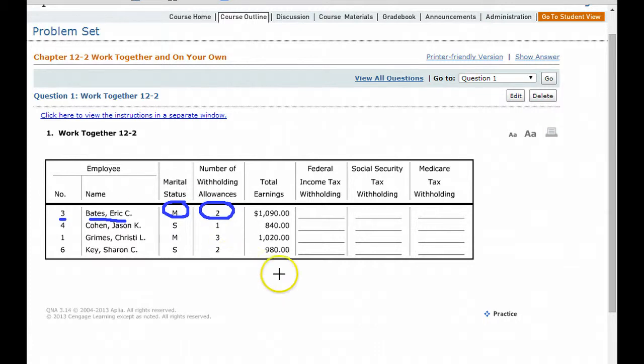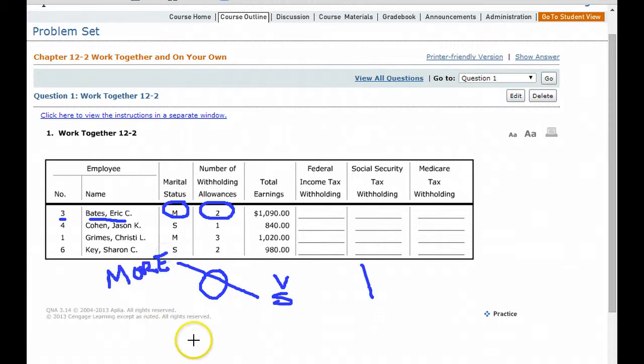Say, for instance, you had somebody who claimed 0 allowances versus somebody who can claim 1 allowance. Who's going to have more taxes taken out of their paycheck? Well, it's going to be the person with 0 allowances, because they need less money than a person with 1 allowance since they're not supporting anybody but themselves.